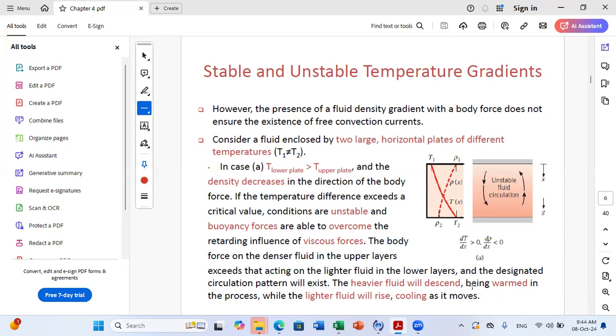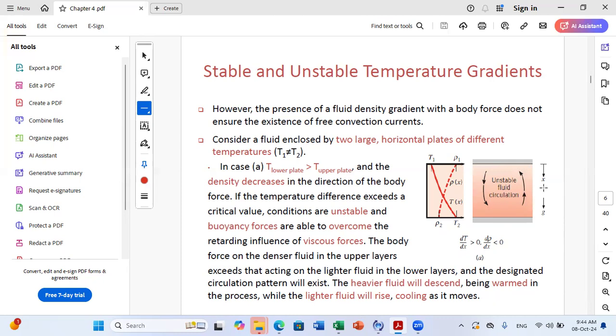But what if you do the opposite? If you put the hot temperature from the upper side, nothing will take place, because already from the upper side you have light molecules because air is heated, and from the lower side you have heavy molecules because air is cool, so you will not create circulation.